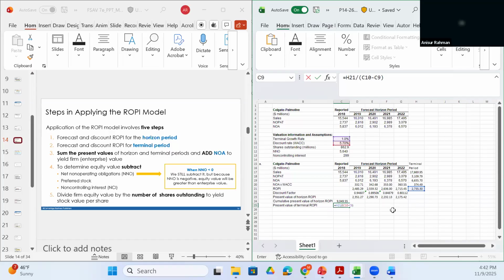So what we are going to do, we are going to multiply the entire value in this cell with the discount factor. So I'll wrap this entire thing within parentheses, multiply by our discount factor. So this is our present value of terminal ROPI.